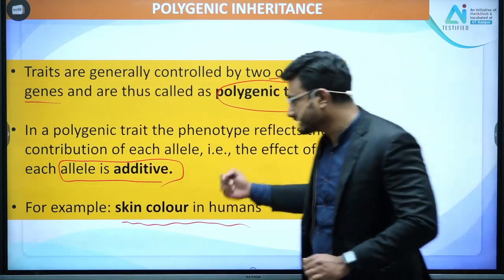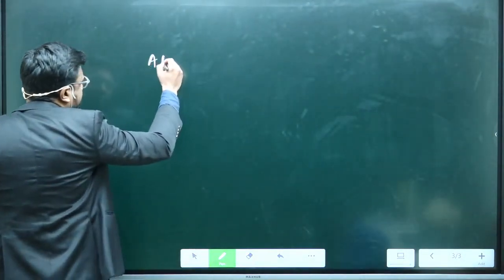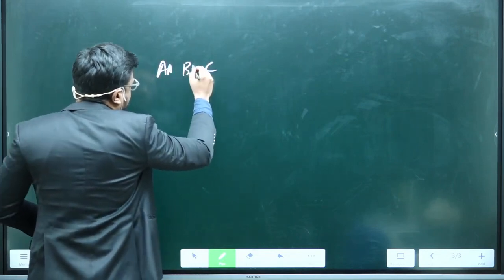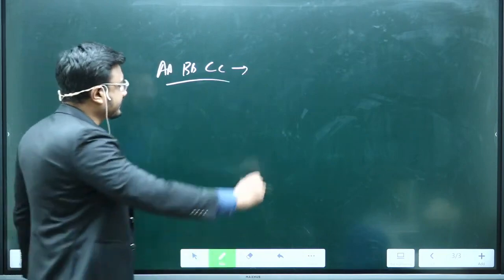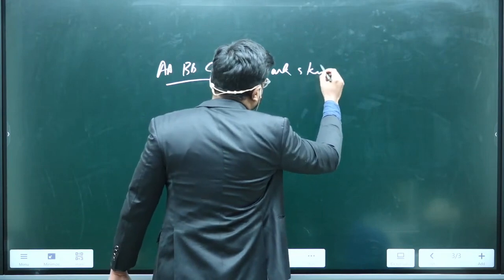So now let us understand this in a better manner. Suppose the genotype ABC, all these three, represent the dark skin color in human beings.